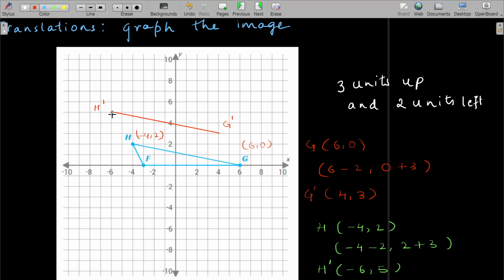So it will be like this, because you know all the lines will be parallel. These 2 figures will be exactly congruent. So I'm just taking a guess for H dash, actually F dash. So this is the new image.